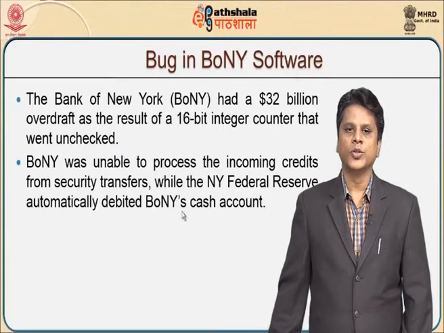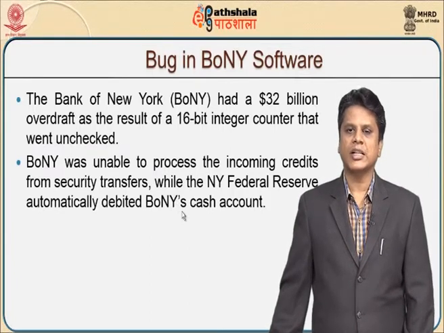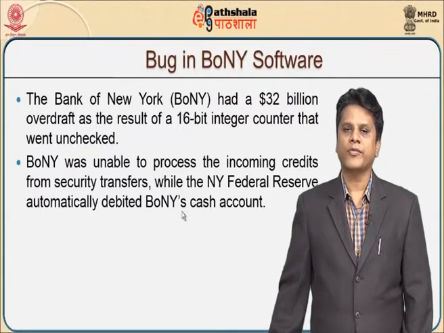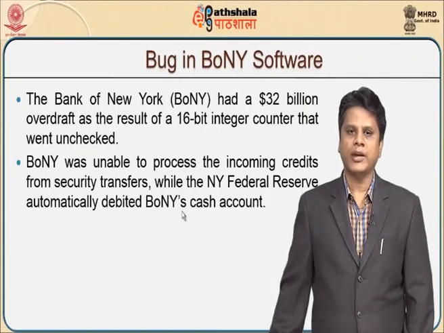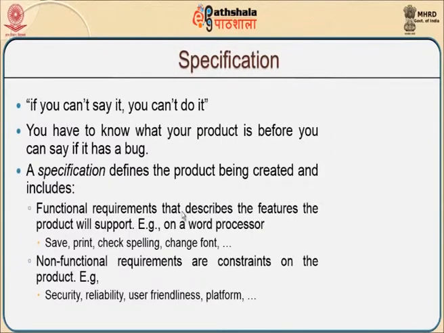The same bank was unable to process incoming credits from security transfers, while the New York Federal Reserve automatically debited the New York cash account. So all these produced adverse effects purely because of faulty execution of software.